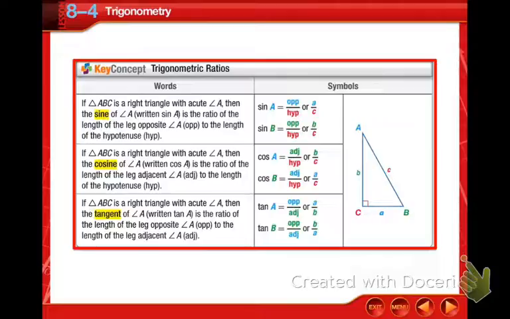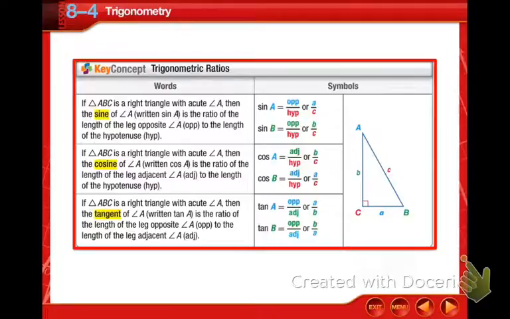If triangle ABC is a right triangle with acute angle A, then the cosine of angle A, written cosine A, is the ratio of the length of the leg adjacent to the length of the hypotenuse. So cosine is adjacent over hypotenuse.